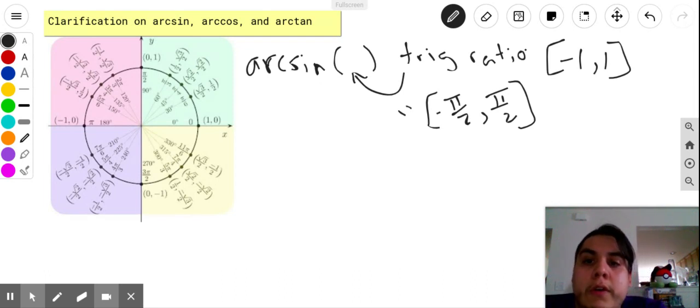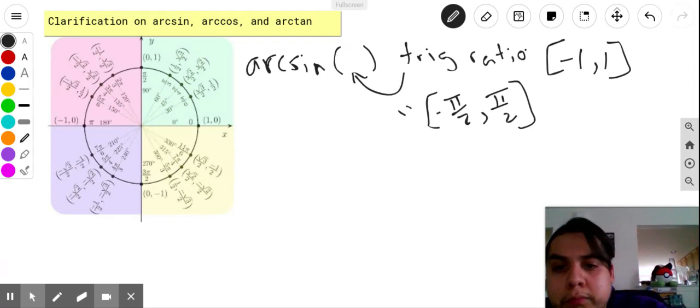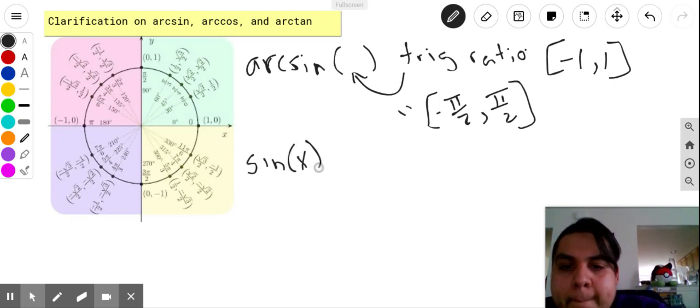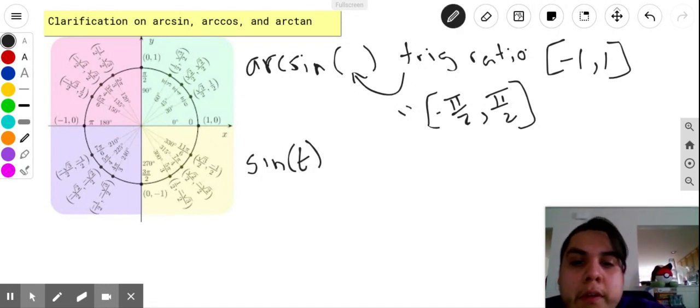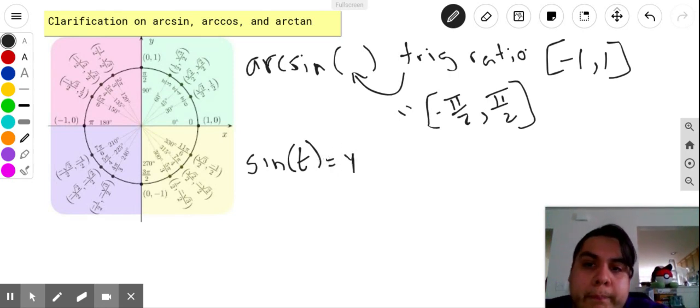So we know that sine refers to the sine function. Oh, I guess I shouldn't use x because that's going to get a little confusing. Sine of t for the angle is equal to the y values.